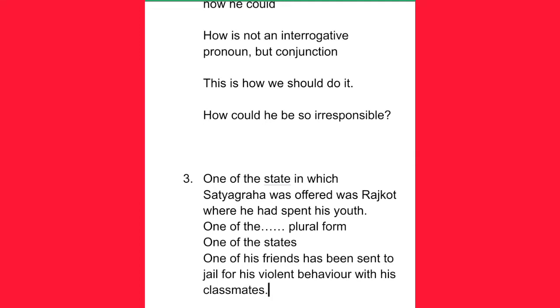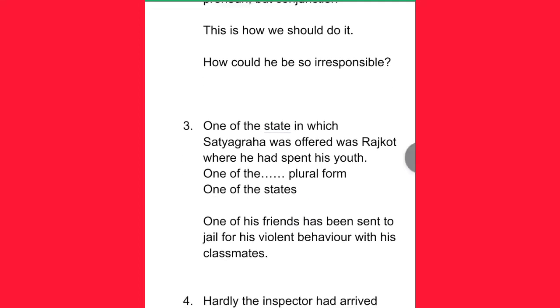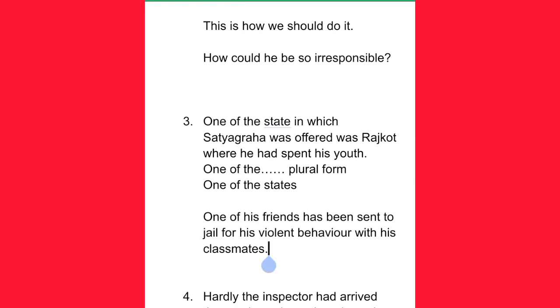You get it? Many of us, I've heard many people using this phrase, one of his friend, one of his friend. It is not one of his friend, it is one of his friends. He has many friends and you're talking about one of them. So one of his friends, two of his friends, three of his friends, four of his friends, and so on. Depends what we are willing to say.